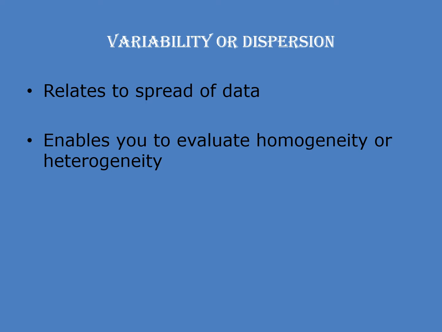At the same time, the variability or dispersion can also be identified, and it relates to how well that normal distribution is spread, basically. And what variability or dispersion also allows, it helps investigators or researchers, as far as quantitative data collection or research is concerned.